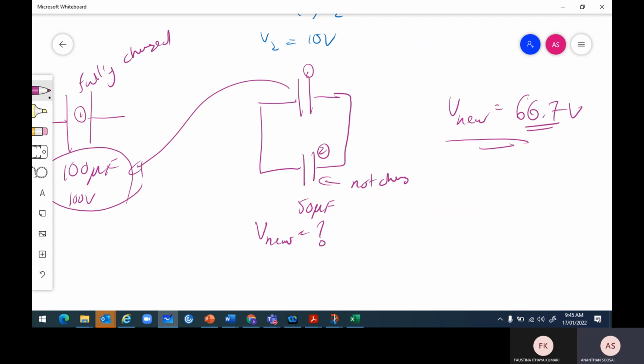So you consider this as a parallel capacitor. The capacitance last time was 100. Now, because two are connected in parallel, the effective capacitance becomes 100 plus 50, which is 150. So what is the voltage across this capacitor?